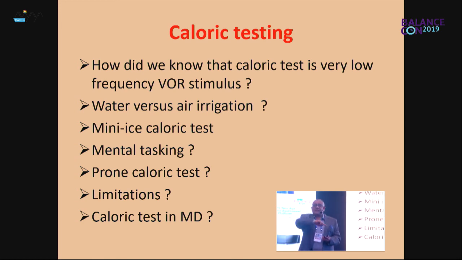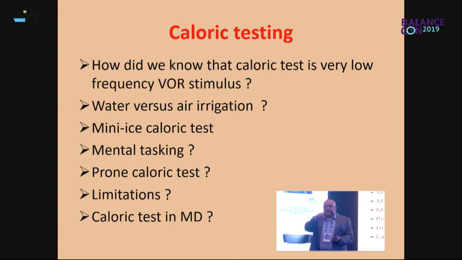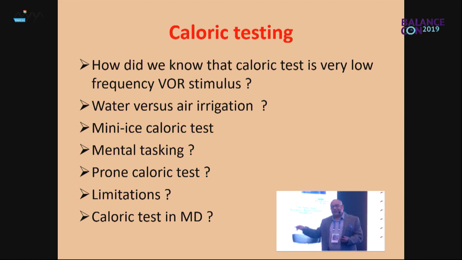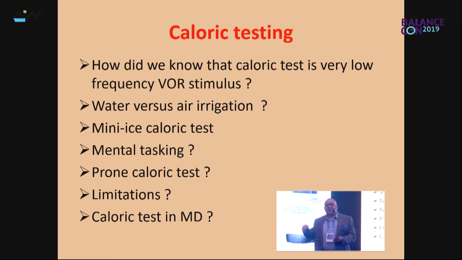They found that the maximum duration of caloric response is 180 seconds, 3 minutes. So they speculated that it's like a sinusoidal function, with one half cycle being 180 seconds. So to calculate the frequency, they divided 1 by the 180 seconds. That's where the number came from, why they know it's a very low frequency vestibular stimulus.